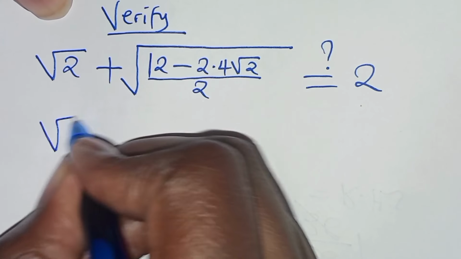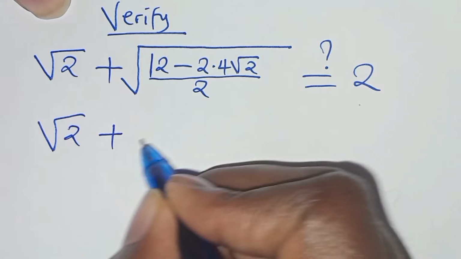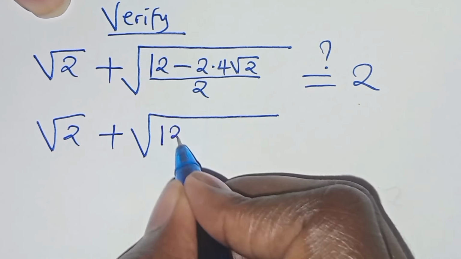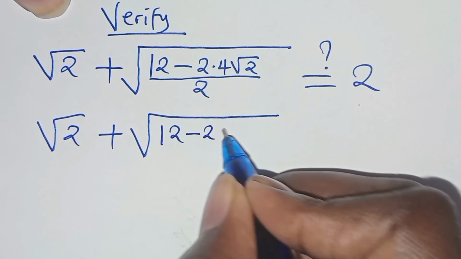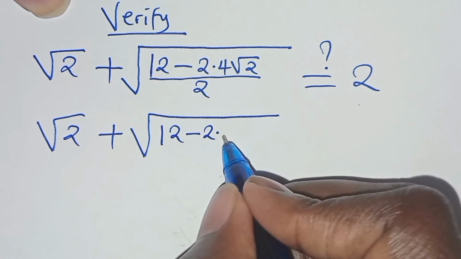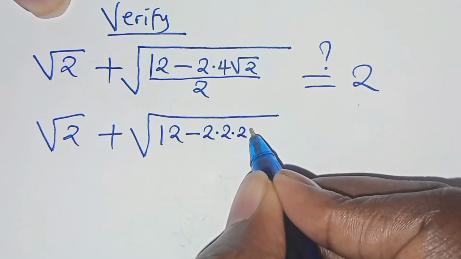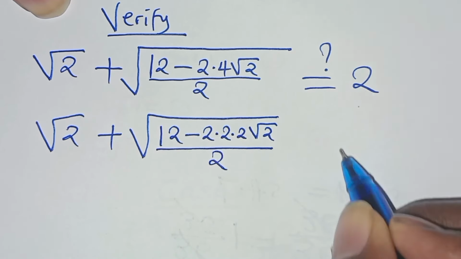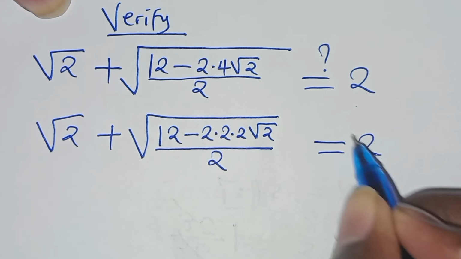Now here we have square root of 2 plus square root of 12 minus 2 times, now we can express this 4 as 2 times 2 times square root of 2, everything divided by 2. This is supposed to give us a value of 2.